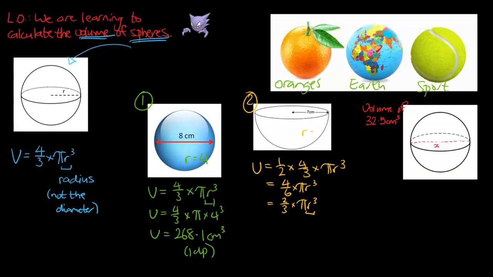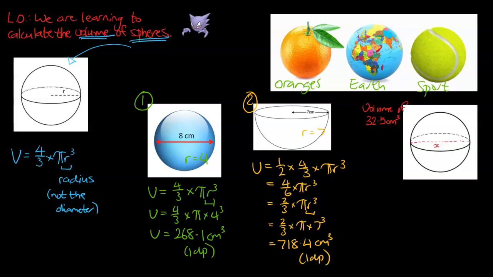So I know that r is equal to 7 from the given question. We're given the radius here, so we don't have to worry about the diameter. That's going to be 2/3 times pi times 7 cubed. Here I'm going to jump straight into my calculator: 2/3 times pi times 7 cubed, and I'm getting 718.4 centimeters cubed, and then 1 dp rounding again.